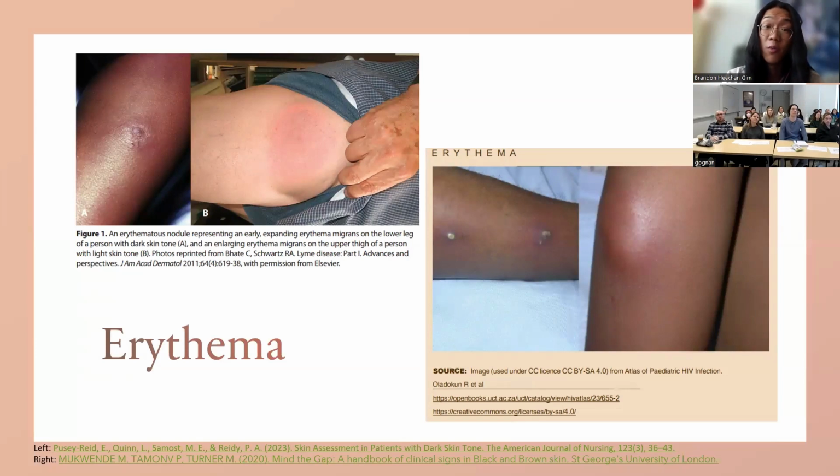One notable thing is the shininess that we observe for the person with darker skin, and that's a sign of swelling and erythema. And then also the textural differences we can see, like the raised area, the bumpy area. And similarly for the picture on the right, we can see that there's some shininess, and it looks like there might be some swelling based on that.